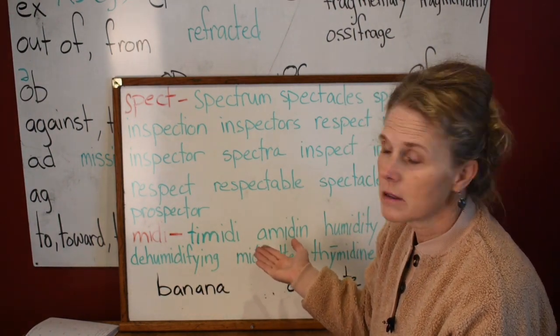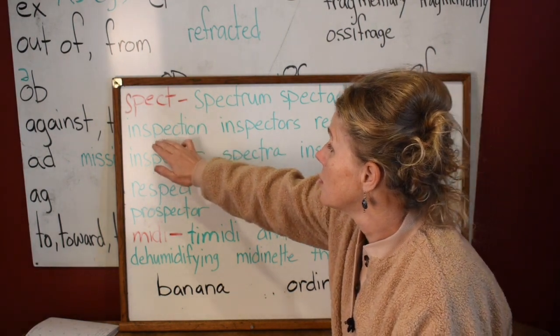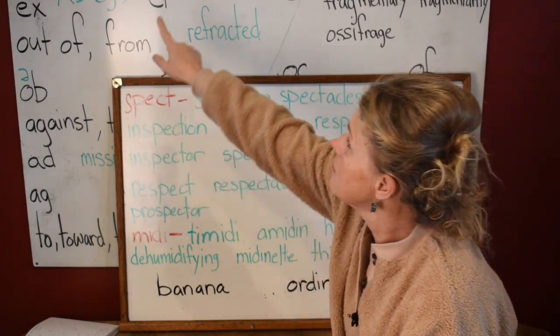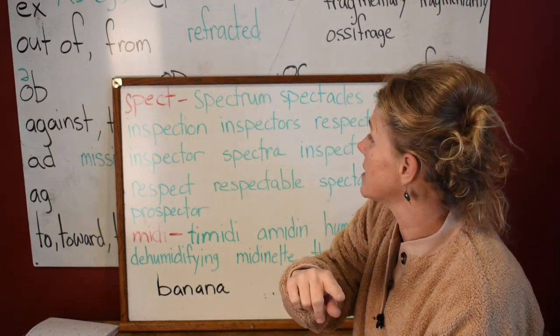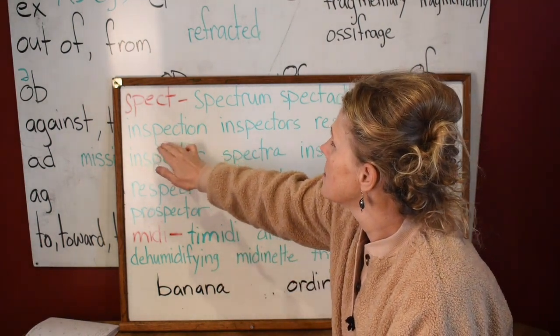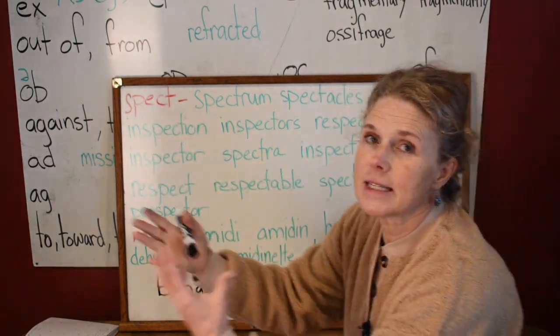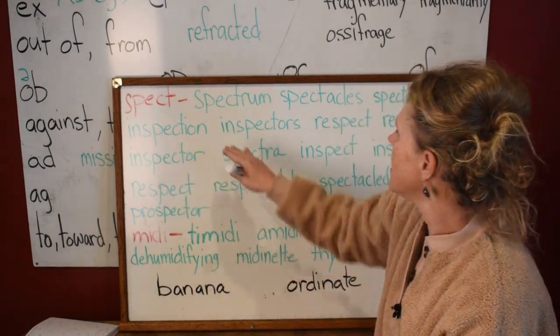Inspection. This is a state of being. In means, in this word, inspection, into, exactly, Daniel. This one means into, so they're going in to see something. You have an inspection, they're coming to see.